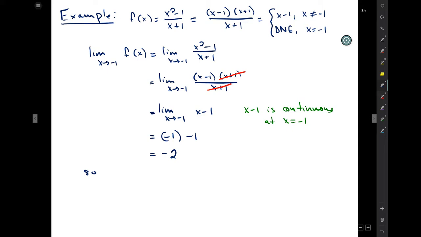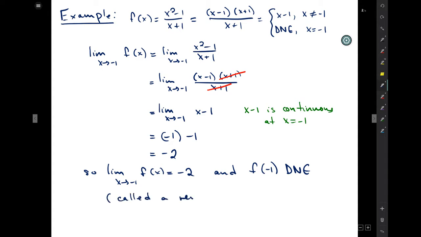So we have that the limit as x goes to minus 1 of f of x is equal to minus 2, even though our function at minus 1 does not exist. Remember, this is what's called a removable discontinuity. This is a hole.